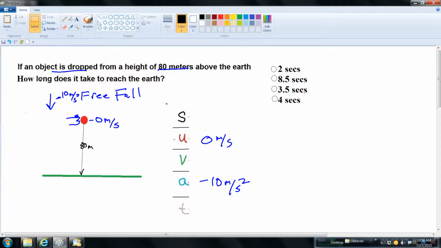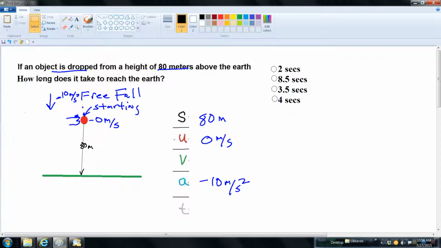And then we want to know if the object starts from height above the Earth of 80 meters. So we've got displacement. Now here's the thing that's important: remember the displacement is going down, and I'm going to use this as our starting point where we drop the ball as 0.